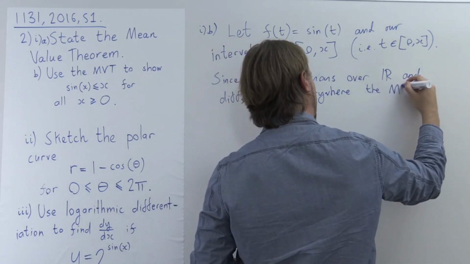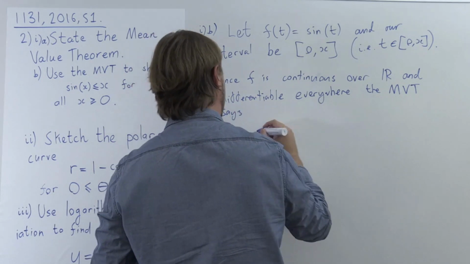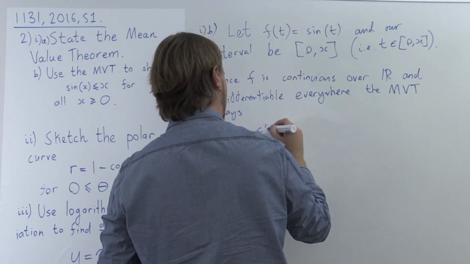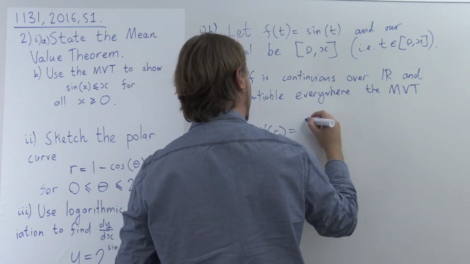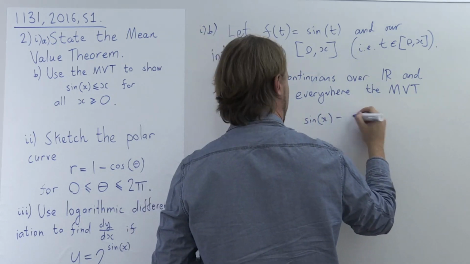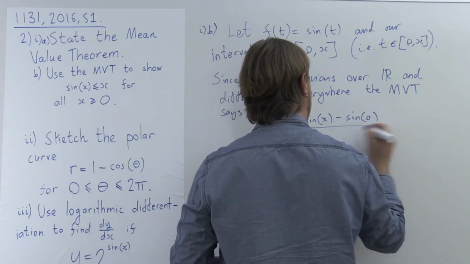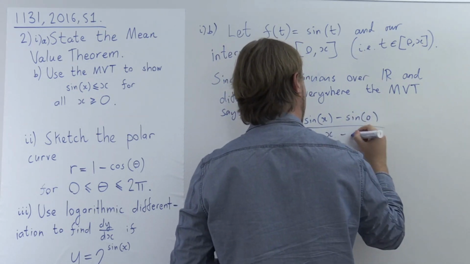What does the mean value theorem say? Well, it says that f prime of c will be equal to the sine of x minus the sine of naught, over x minus naught.